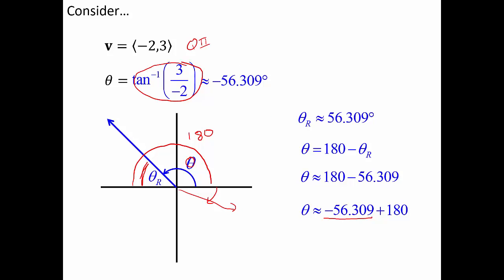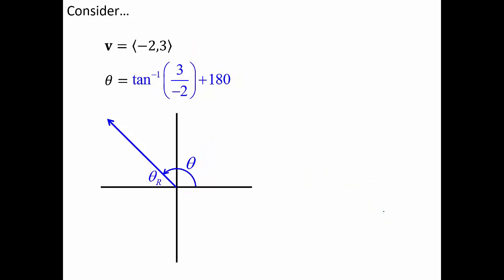So with that in mind, if I know whatever answer I get right here, in order to get the true angle, I'm going to have to add 180. In practice, going forward, that's exactly what I'm going to do. I'm not going to waste my time trying to figure out what the reference angle is and then subtracting that from 180 and all. I'm just going to build it into the process from the beginning.